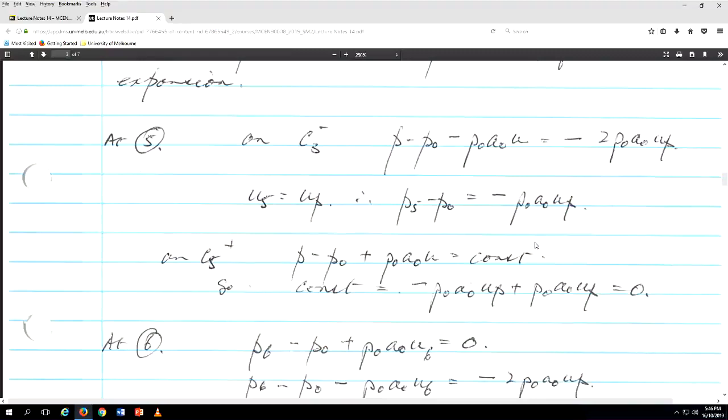And this is what it's about. There are special curves along which something changes in a very simple way. On this characteristic curve, dP is rho naught A naught du, or dP is minus rho naught A naught du. So I can integrate it. So at this point 6, where I have a positive characteristic, P6 minus P naught will be rho naught A naught U6.